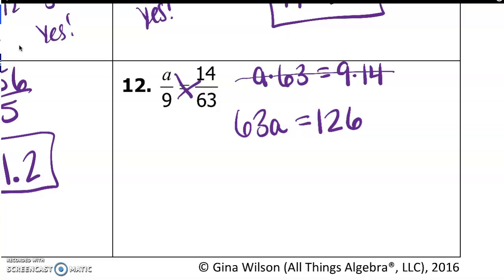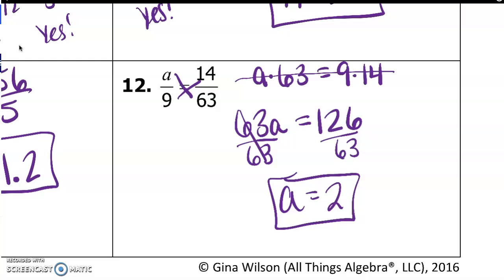You could start right with 63A equals 126. So then we need to divide by 63. A equals 2. So again, if you want to check, you're going to do 2 over 9 equals 14 over 63. So you can cross multiply, make sure they're the same, or you could divide each fraction to make sure their decimals are the same.